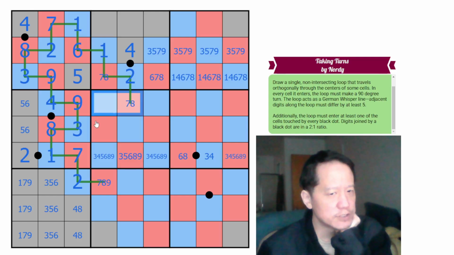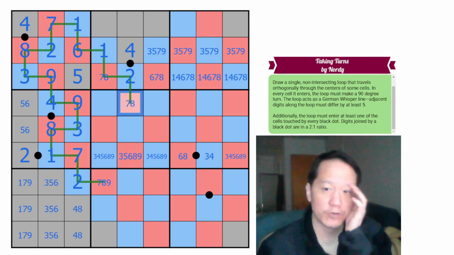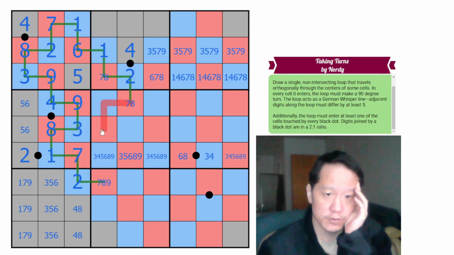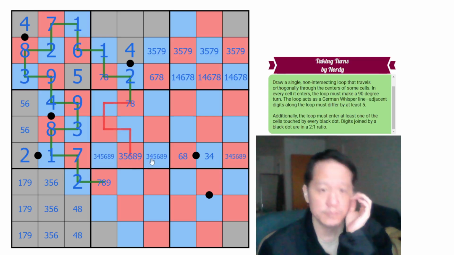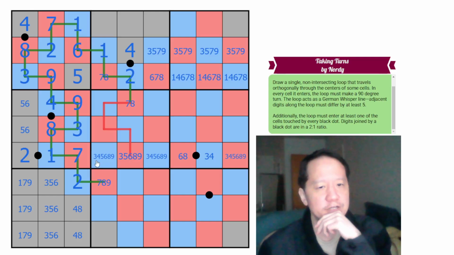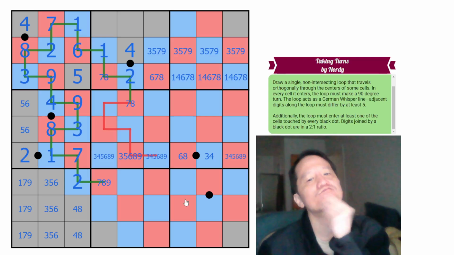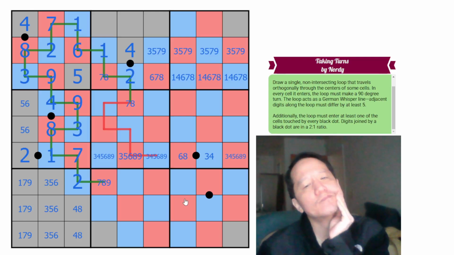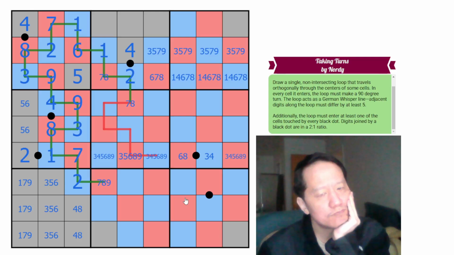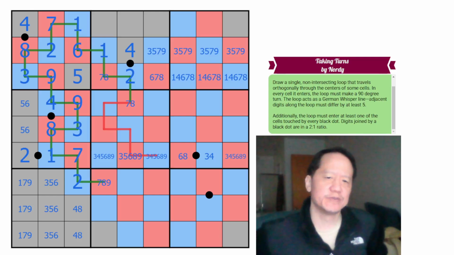So if it went this way, how would it go? It would have to go turn, then turn, then turn, then turn, then turn, and it cannot turn that way, so it would have to turn that way. Is that possible? Is a question, right?